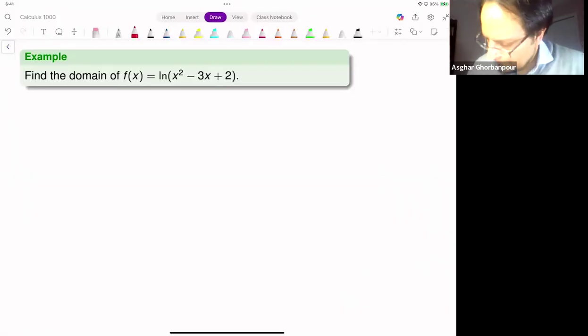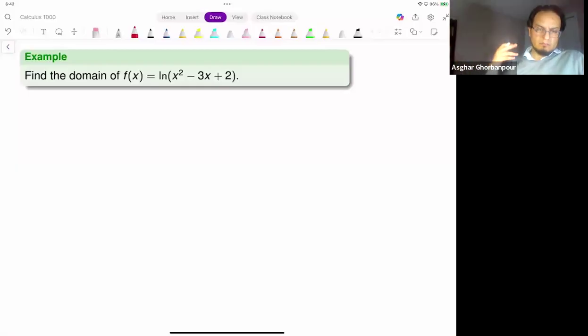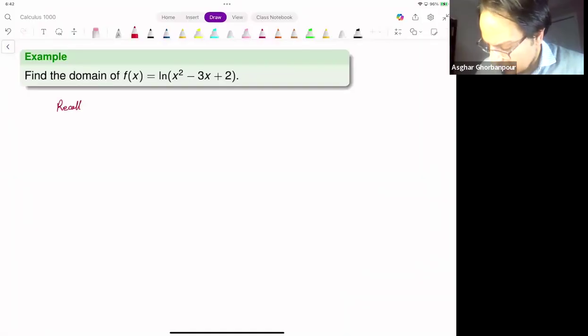Let me now start. So what do we need to know? Remember the conditions that we had for domain. The earlier conditions were: square root has a non-negative domain, and the denominator cannot be 0. And then when we added inverse functions, you have to keep track of that too. So here, the fact that you should recall is the domain of ln, or in general, the log function.